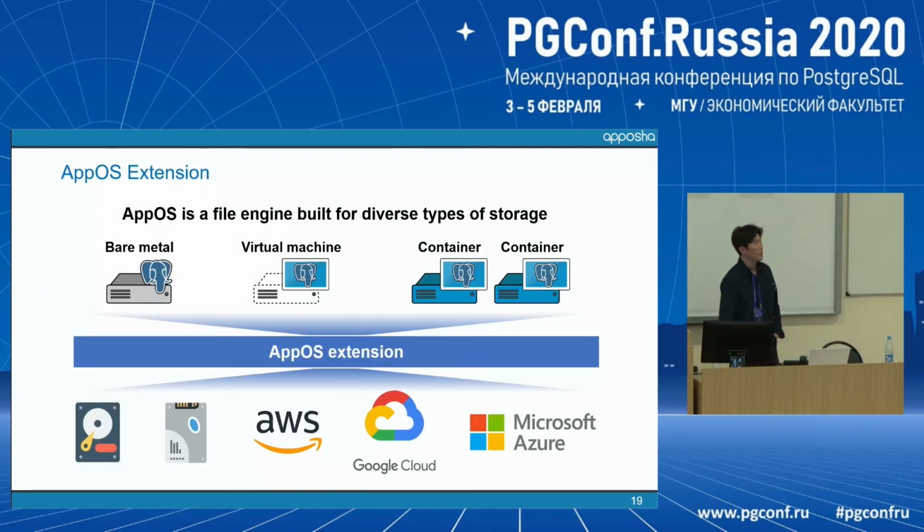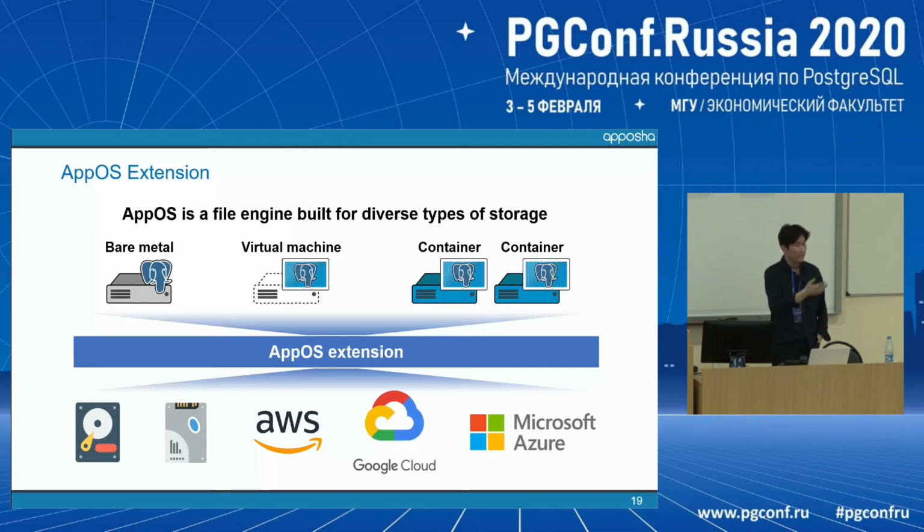So in order to handle this situation, we are building a file engine called AppOS, and it's implemented as an extension, specially built to support diverse types of storage.